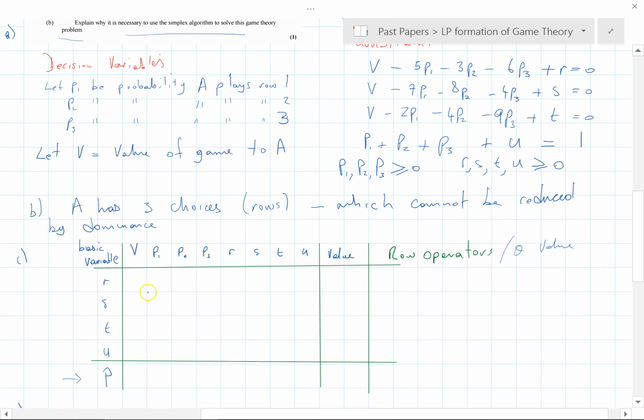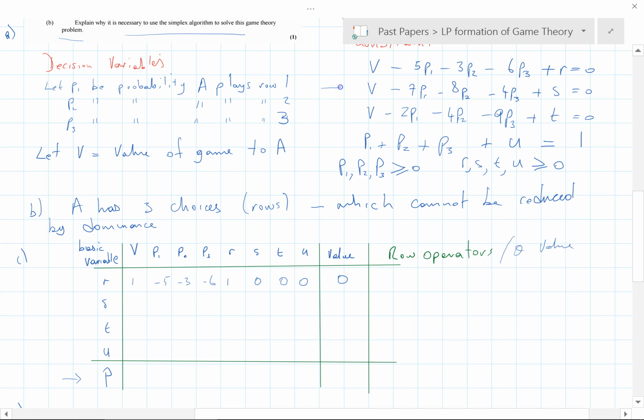Right, so let's just go through this. Let's put this one in. That's 1 minus 5P1 minus 3P2 minus 6P3 plus R, and all those are 0, equals 0.